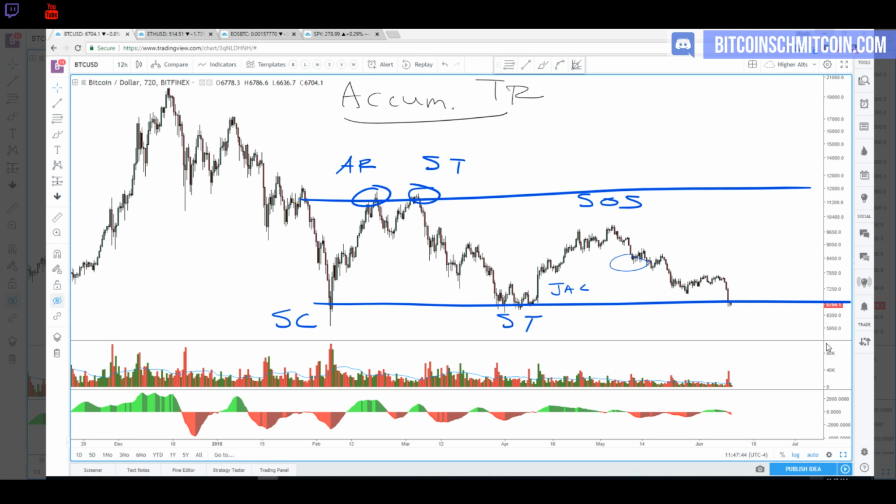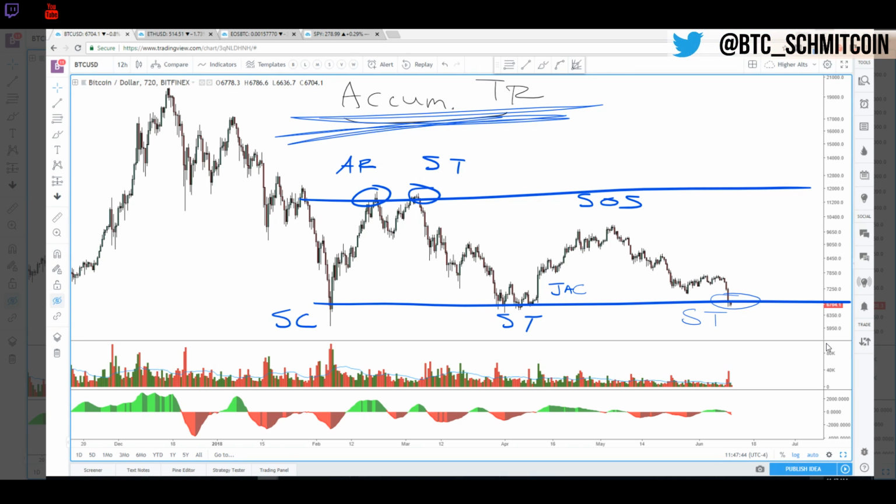It had very loose support, very loose resistance, volume consolidating. If you're going to look for an accumulation, this is what we're looking for, a creek, and right now we would be heading toward a secondary test of the lower boundary of the trading range and potentially into a spring. If you're looking for a bullish argument, this is it.